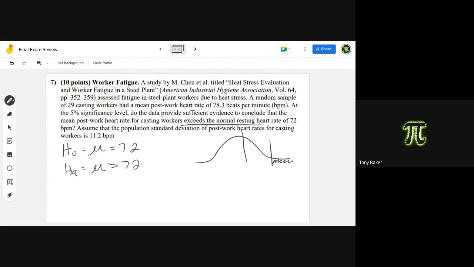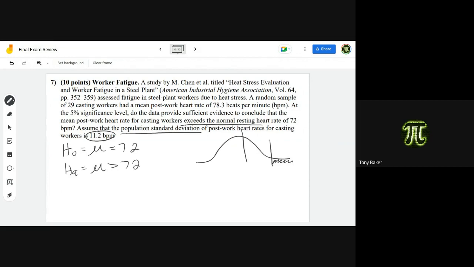Now we have to figure out, are we doing Z or T? This is population standard deviation, so Z. We're looking for Z, and we're looking for 5%, one-tailed. So I want 5% right there, on the one-tailed.